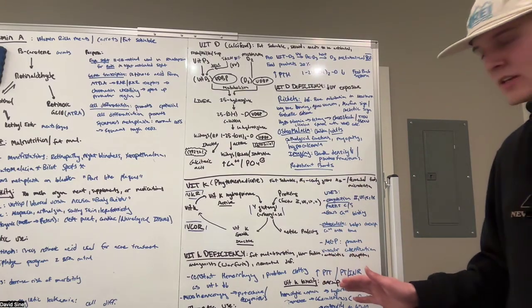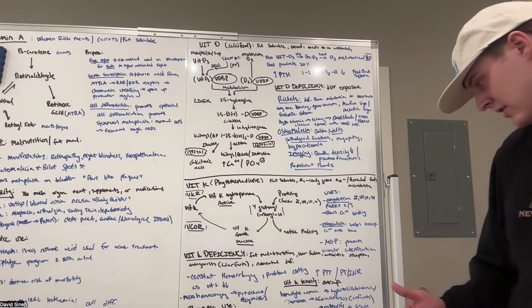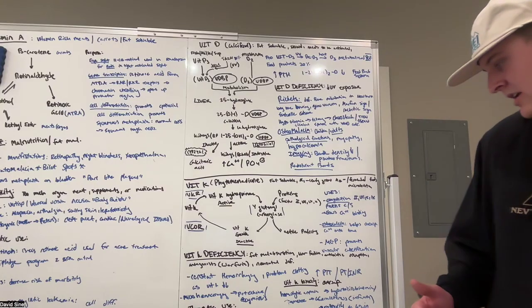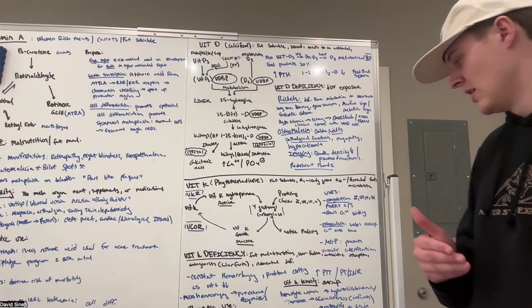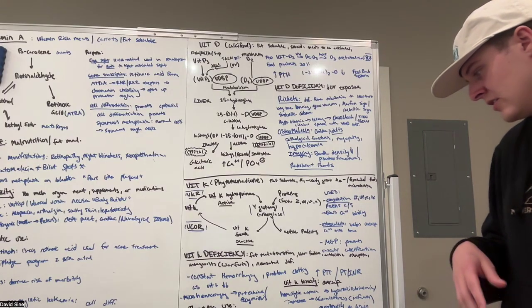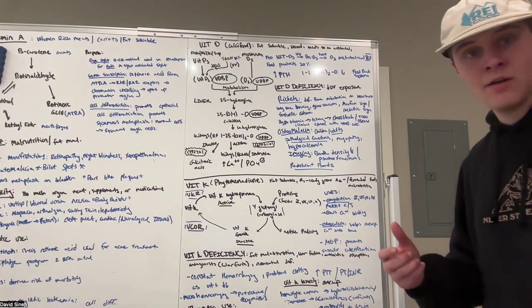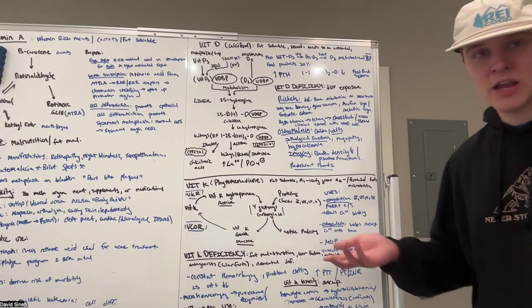Vitamin K toxicity would be shown as too much clotting, and this would only happen if you're consuming and taking too much supplementation of vitamin K. So you're going to see your body trying to get rid of the excess blood, and so you're going to see hemolytic anemia.